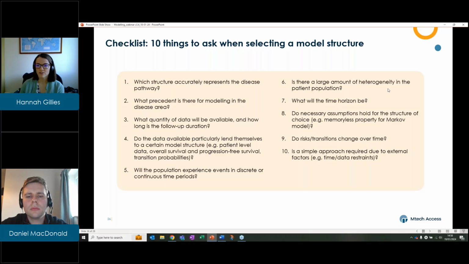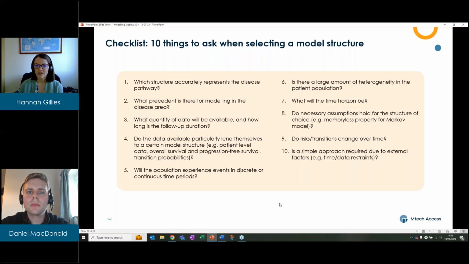Whether there's a large amount of heterogeneity in the patient population will help inform whether to use a patient level approach. The time horizon is also important to consider, as for a short time horizon, a decision tree would maybe be more suitable. Do the necessary assumptions hold? So if you are looking at a Markov model, the memoryless property needs to hold, for example.